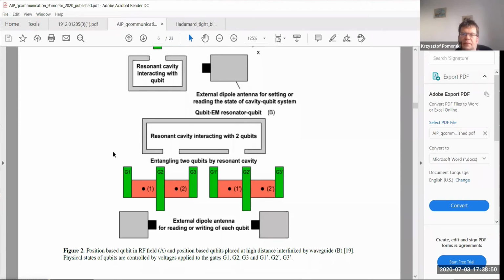If you have a resonant cavity with two holes, that don't have to be on the same side, it could be even better on the opposite side, you might generate a configuration in which this position-based qubit is interacting with the resonant cavity, and at the same time is not interacting with another position-based qubit. So those qubits are kind of isolated.